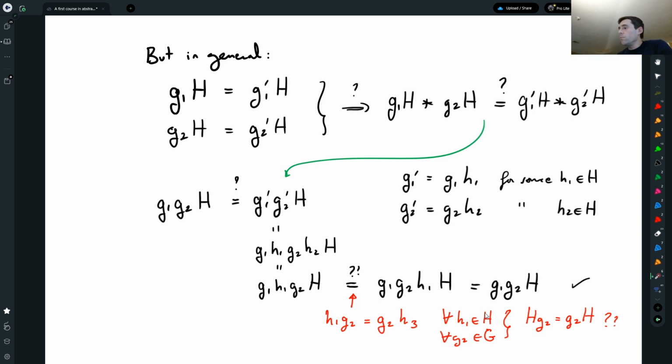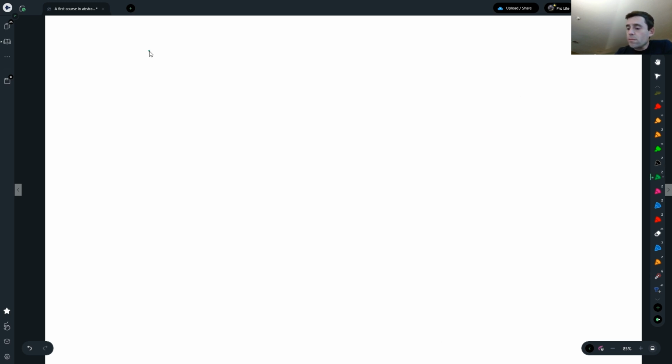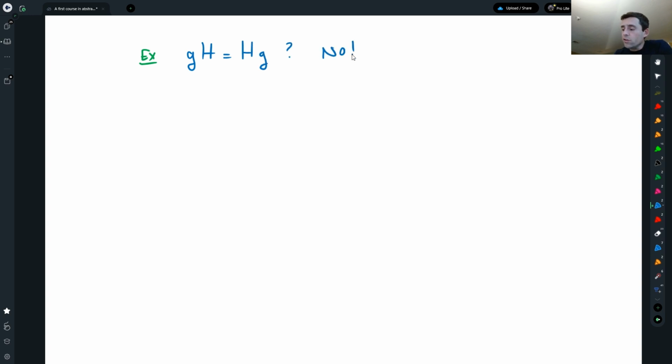So let me give you an example where this does not happen. Is it always the case that GH is the same as HG? And the answer is no. For example, if you take G to be S3, and H is going to be the subgroup generated by the permutation (1 2), which is just the identity and (1 2).